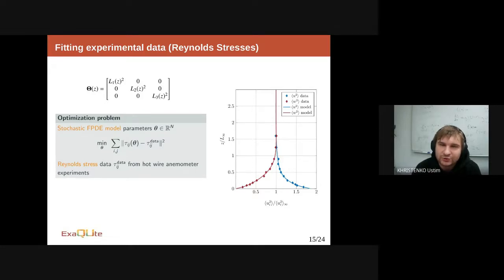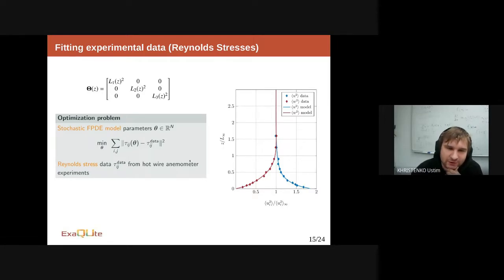So we introduce a parameterization of these coefficients. Here we represent the coefficient as a linear combination of exponential functions with unknown learnable exponents. All these parameters of the coefficients, along with the unknown Robin constant, compose a vector of learnable parameters theta.